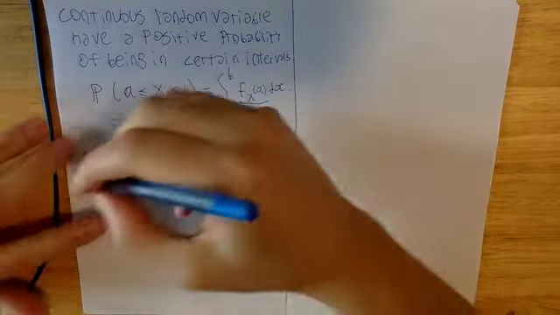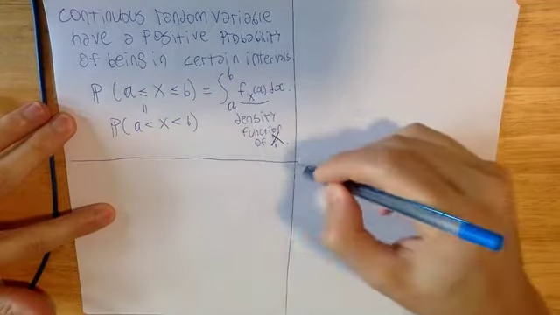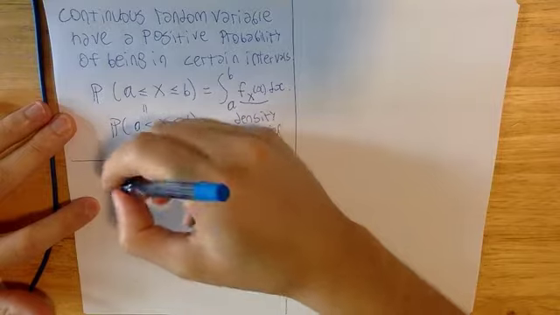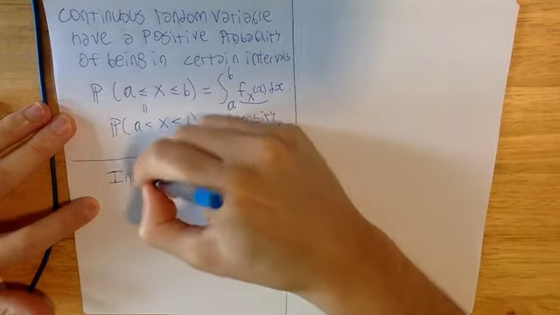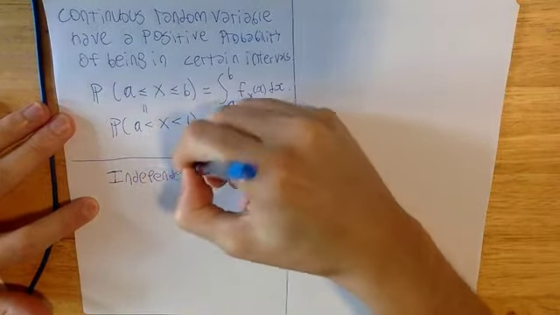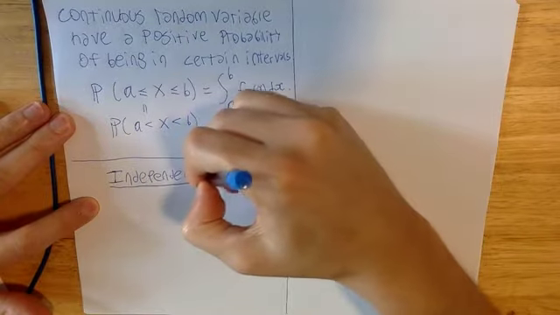So what is a main concept between random variables? Independence.